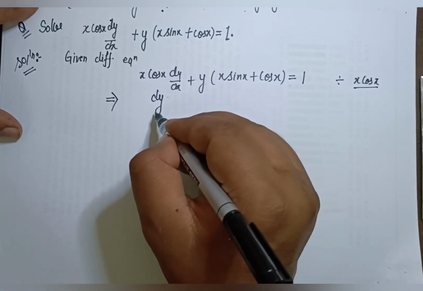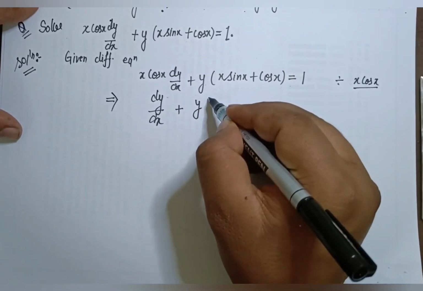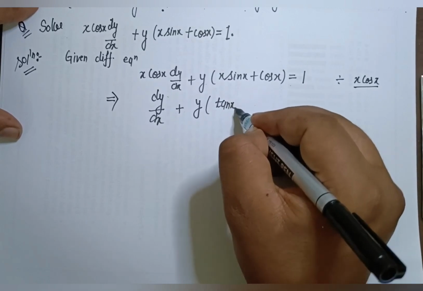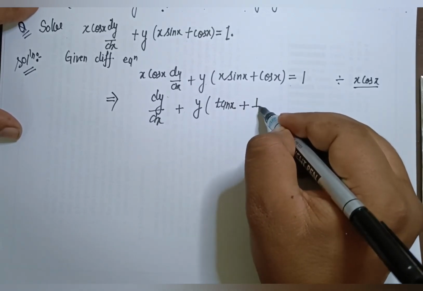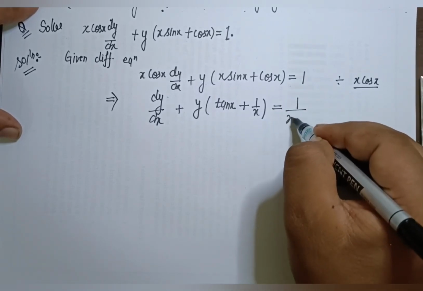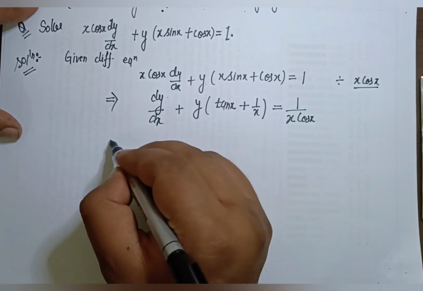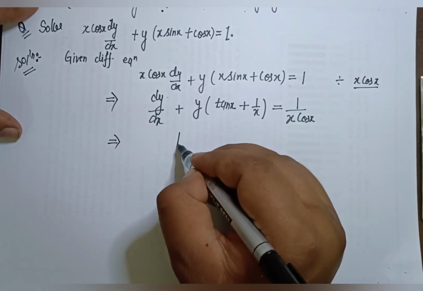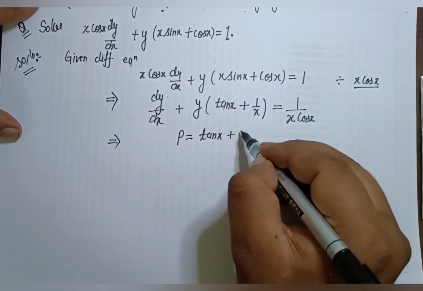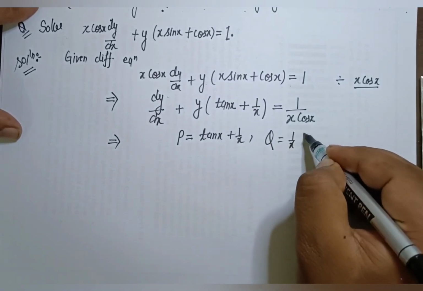So what about the result? dy by dx plus y (tan x plus 1 upon x) equals 1 upon x cos x. So from here we find P and Q. P is tan x plus 1 upon x. What about Q? Q is 1 upon x sec x.